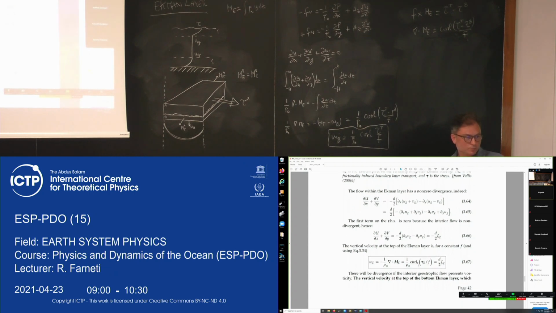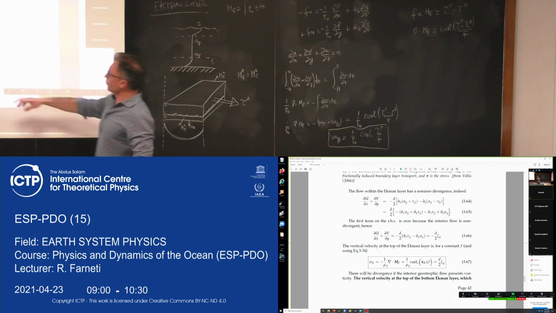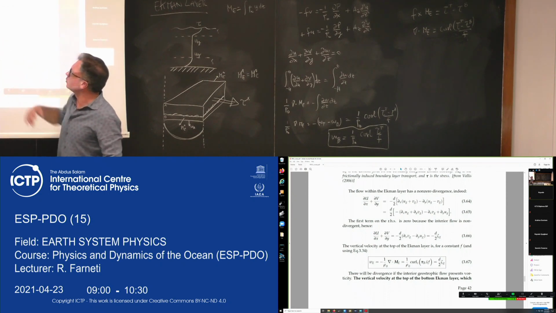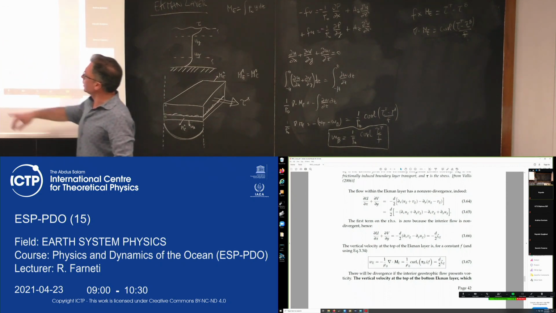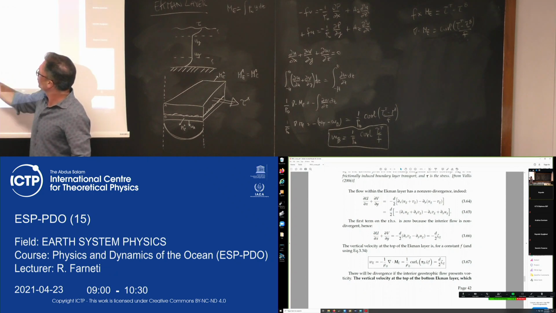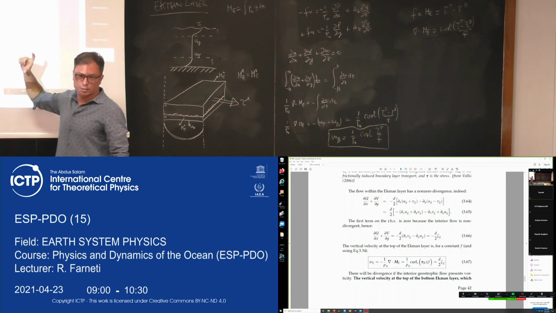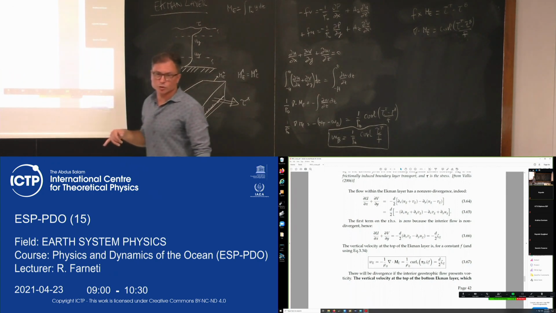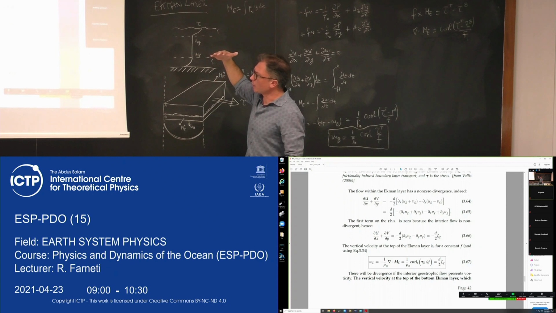For a bottom Ekman layer, you substitute again, that is equal to the curl of tau. This is what we saw before, generally, for the top and for the bottom. But now if you substitute for the bottom Ekman layer, this is equal to D, the height of the bottom Ekman layer, times the vorticity of the geostrophic flow above the Ekman layer.